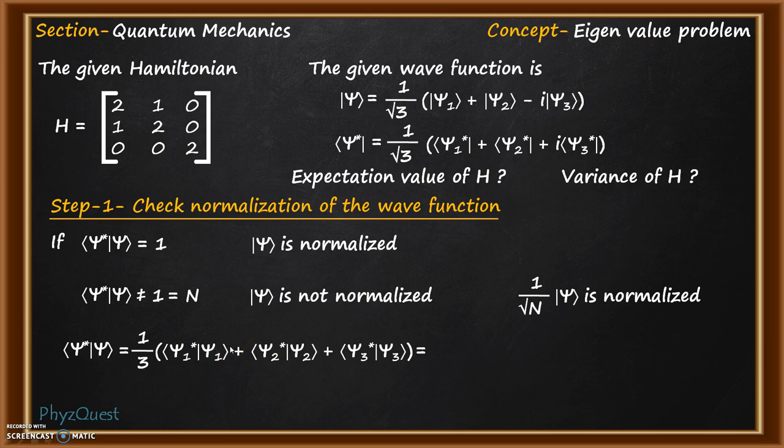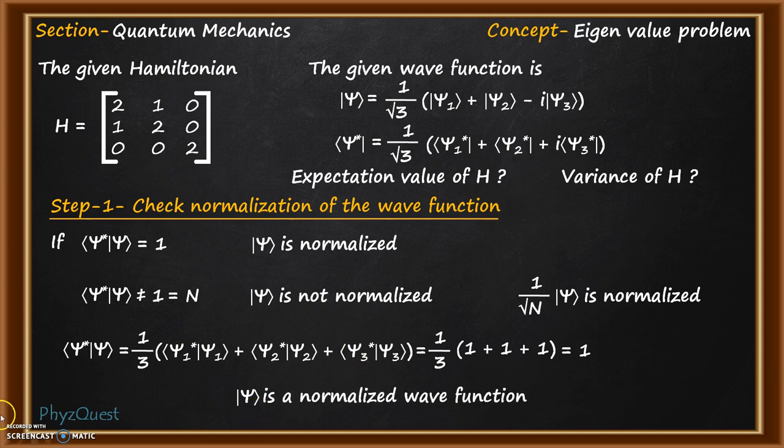As it is already mentioned in the question itself, psi1, psi2 and psi3 are normalized wave functions. Therefore, their product with the complex conjugate will lead to the answer 1. Each of them will have a value 1. So this will be equal to 1 by 3 into 1 plus 1 plus 1, which is 3 by 3, which is equal to 1. Which means psi is already a normalized wave function.